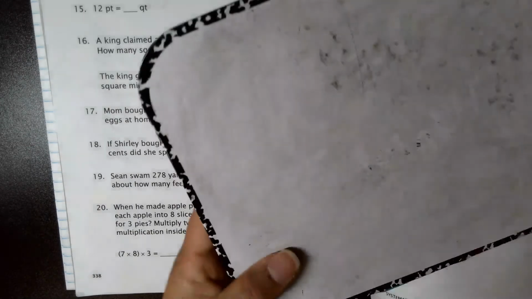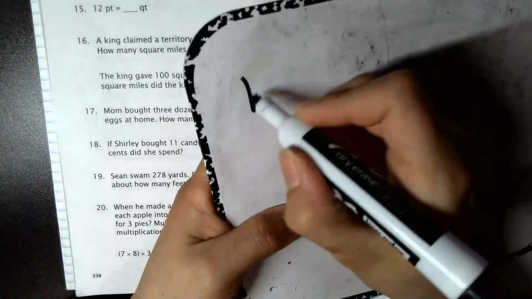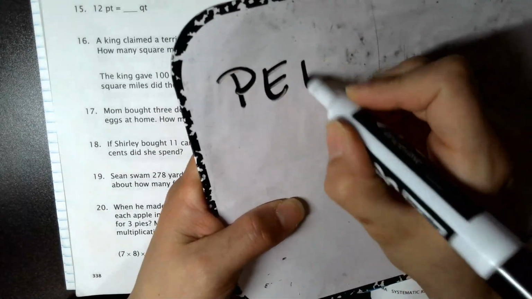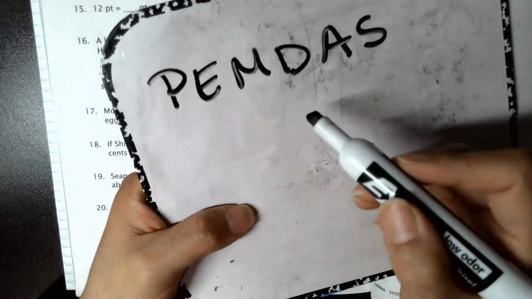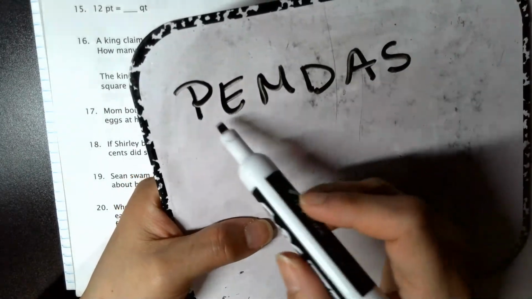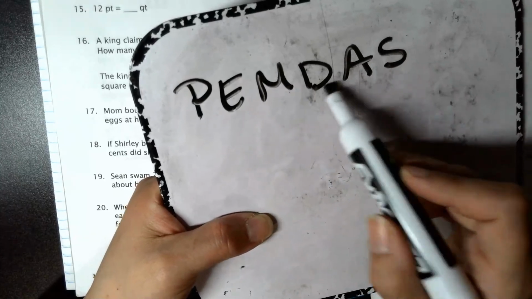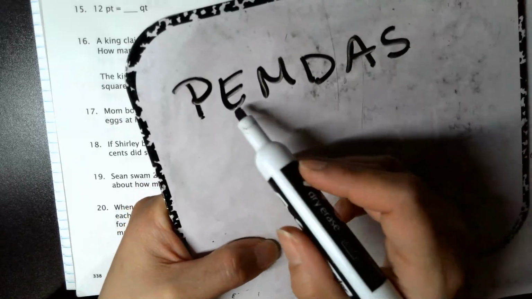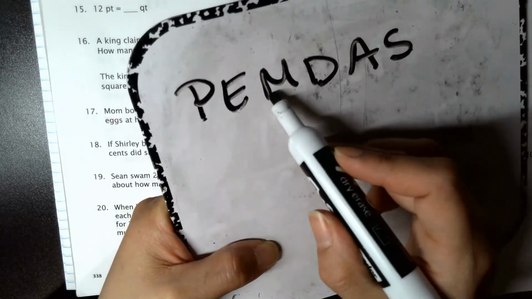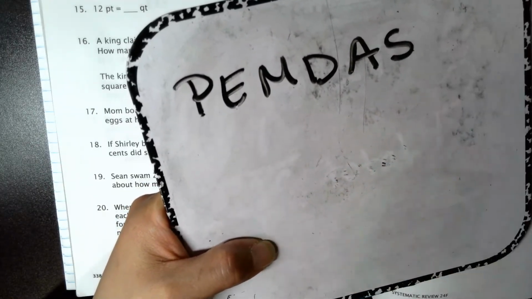So this is where I taught the students something called PEMDAS. I'm sure you guys remember that, some of you anyway. PEMDAS stands for Please Excuse My Dear Aunt Sally, but it really stands for parentheses, exponents, multiplication, division, addition, and subtraction.